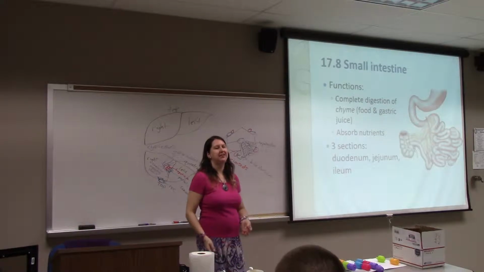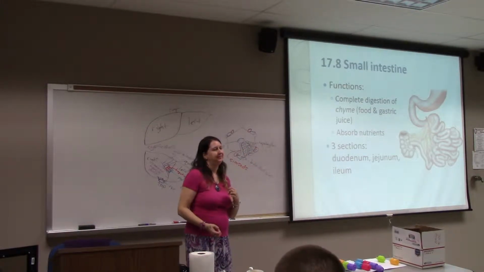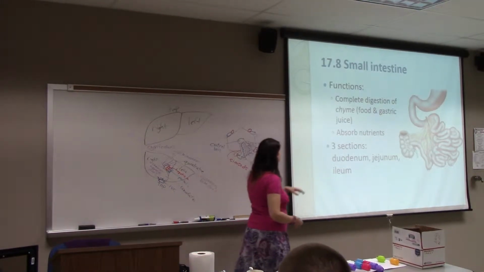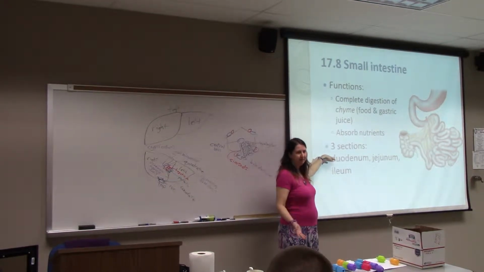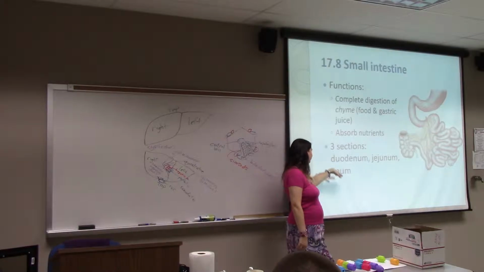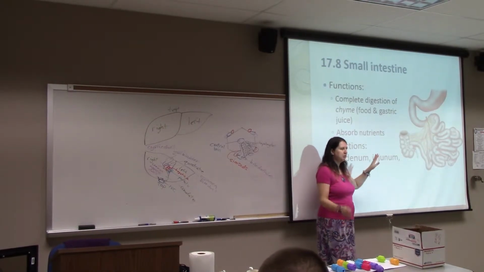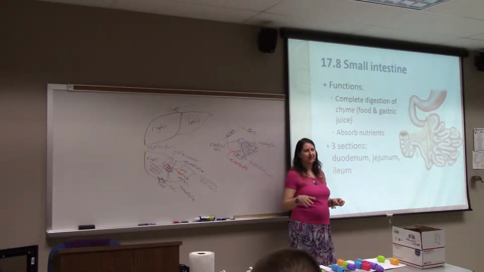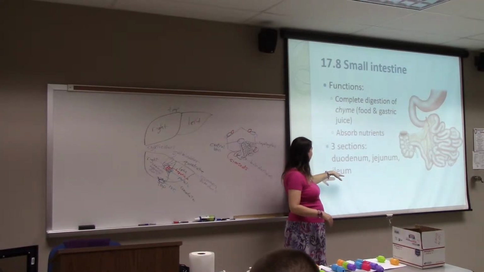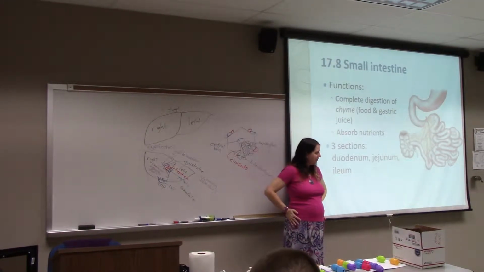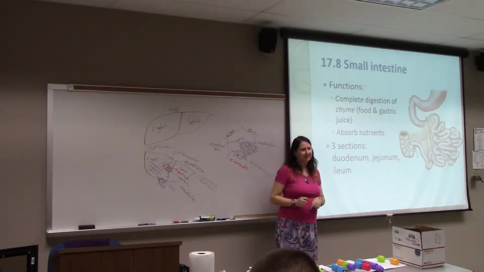So, small intestine is going to digest chyme. The three regions of the small intestine are the duodenum, sometimes pronounced duodenum, jejunum, pretend you're talking about summer and stuttering, jejunum, okay, and ileum. Sounds the same as the hip bones, but it has an E in it.